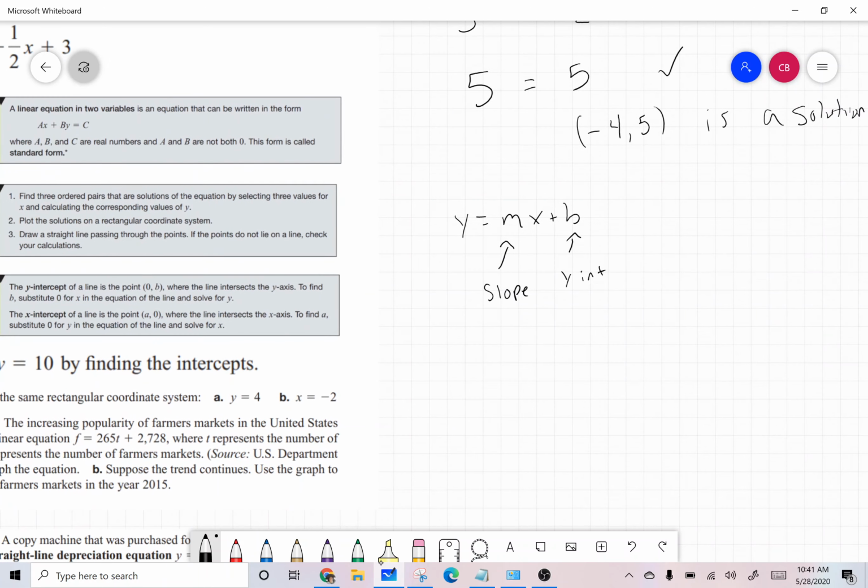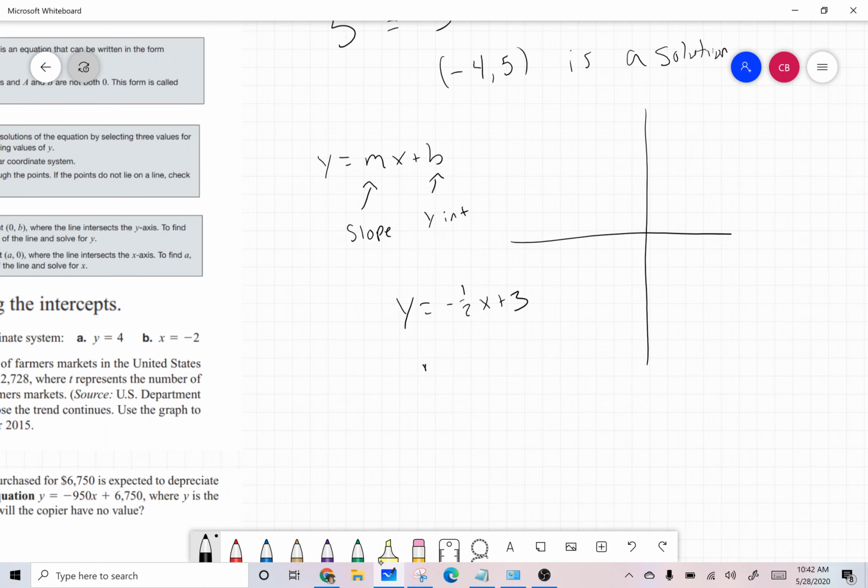So here we go. We have y equals negative 1 half x plus 3. So in this, m is equal to negative 1 over 2, and b is equal to positive 3. So if I go up to 3 and put a point, that is b. That is the point 0, 3.